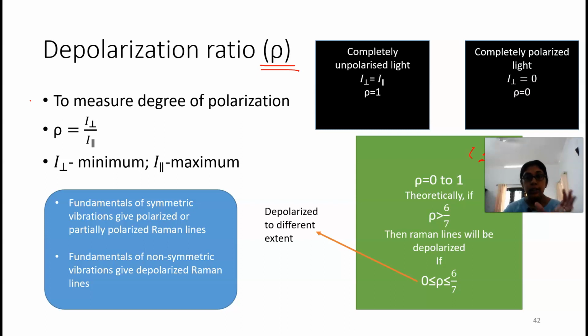When you pass it through a sample, how much the light is polarized is represented using the depolarization ratio. So depolarization ratio is rho, which is equal to the ratio of the intensity in the perpendicular direction when the crystal is kept with its axis perpendicular.